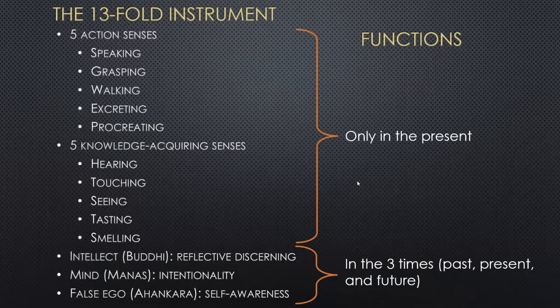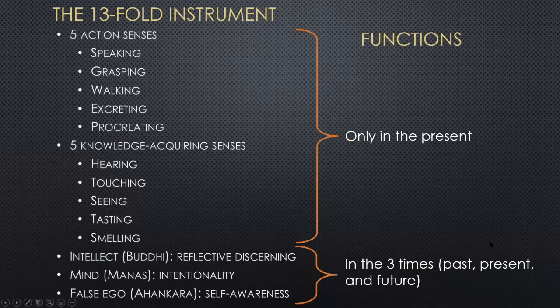It is also worth mentioning that the five action senses and the five knowledge acquiring senses function only in the present, while the intellect, mind, and false ego function in the three times: the past, the present, and the future.